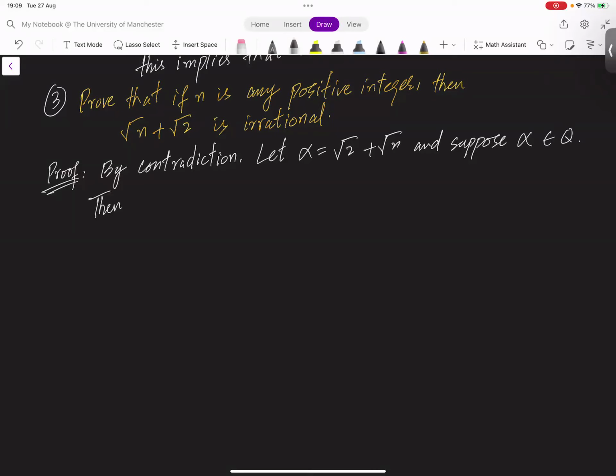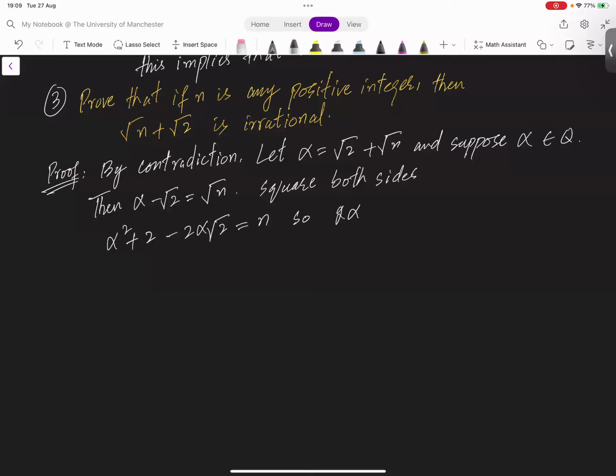Then alpha minus under root 2 is under root n. Square both sides, we will get alpha square plus 2 minus 2 alpha under root 2 is n. So 2 alpha under root 2 is alpha square plus 2 minus n.